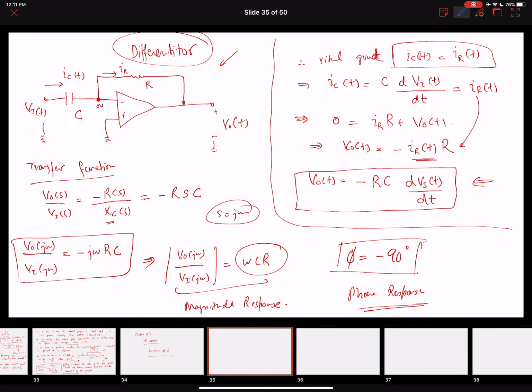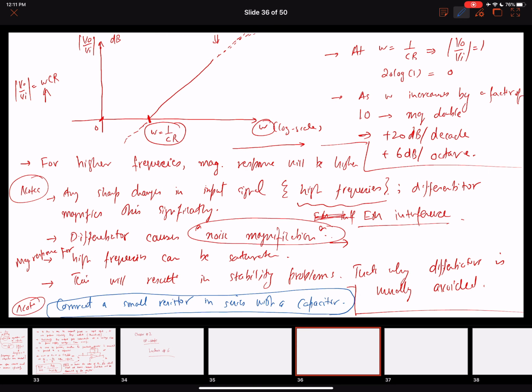In the circuit, we can connect a small resistor in series over here with the capacitor to help solve this problem to a certain extent. But the value of the resistance needs to be small. Otherwise, the resistor will become dominant in the differentiator circuit as well.